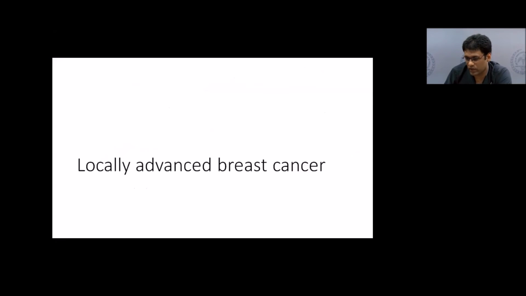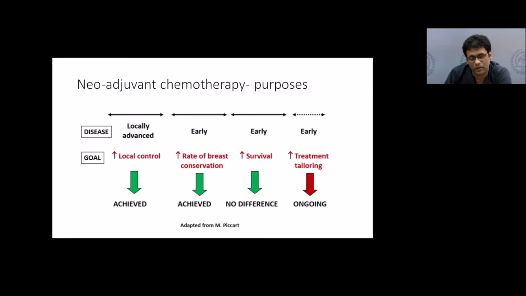Now moving on to locally advanced breast cancer. The purpose of neoadjuvant chemotherapy is what I'm addressing here. Now remember, in locally advanced breast cancer, it means that the patient has a relatively large tumor. Doing a surgery may be cosmetically unacceptable or may lead to the risk of inadequate surgical margins.